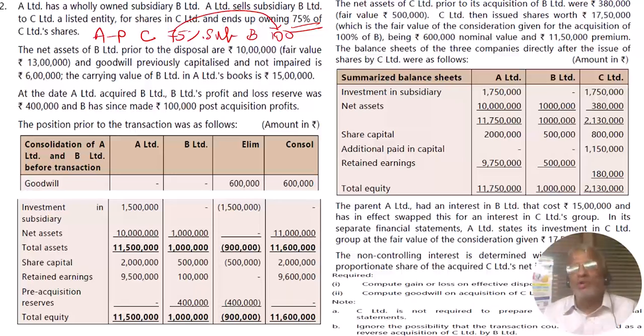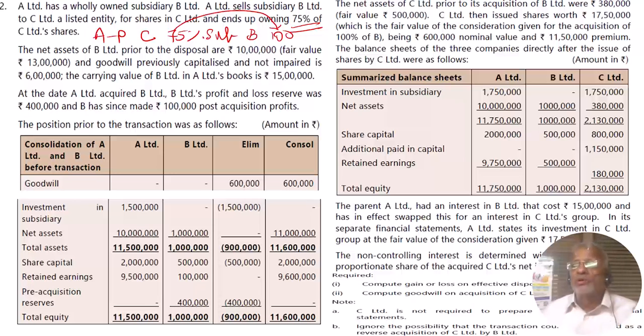So from what was a 100% wholly owned subsidiary, it has now become a 75% indirect subsidiary. Therefore the control continues to be there in B Limited before and after, and where there was 0 non-controlling interest in B Limited, now you have 25% non-controlling interest in B Limited.